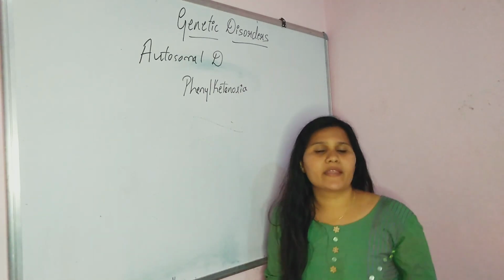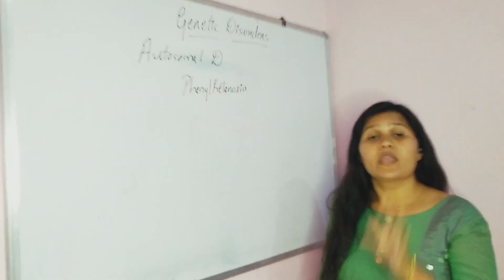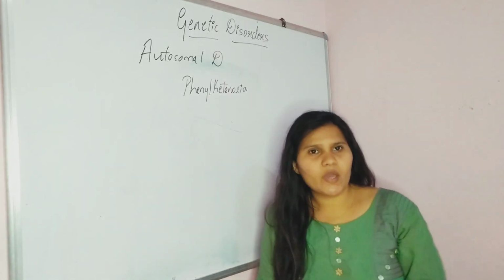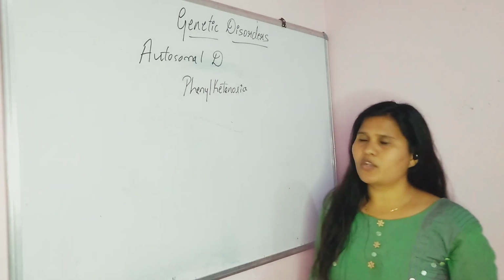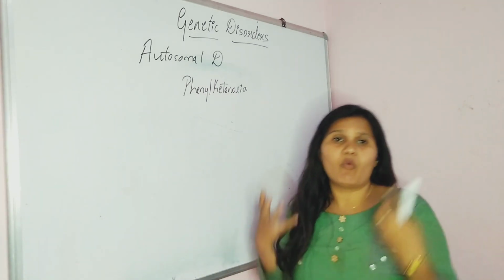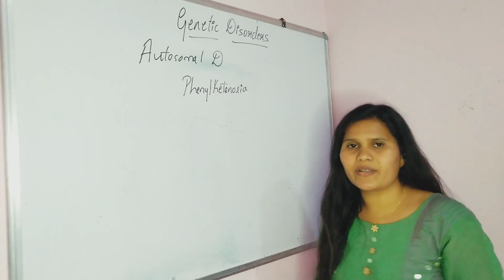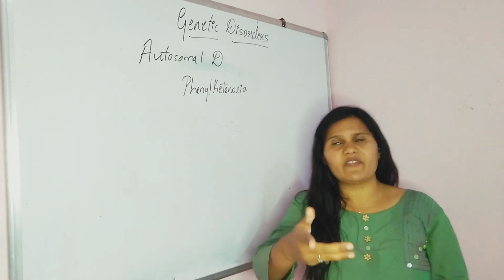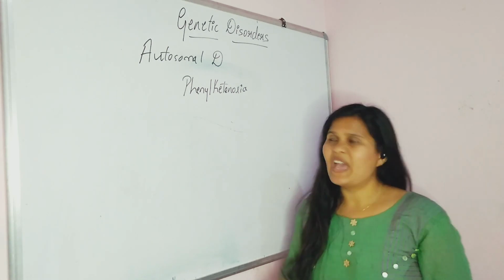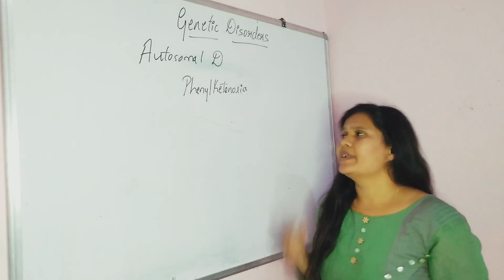What is this phenylketonuria? Have you heard this word? Yes, you have, because in pleiotropy we studied this phenylketonuria. So why is it called an autosomal disorder? We all know the chromosome or gene which is affected is an autosome. Hence it is called phenylketonuria.